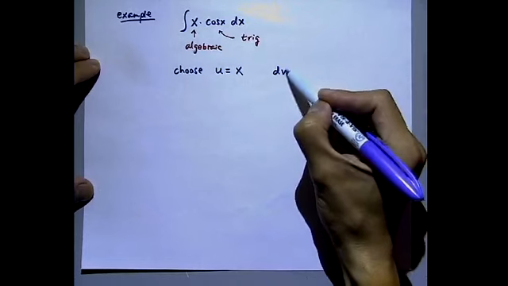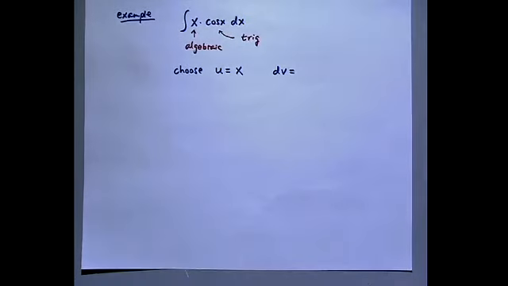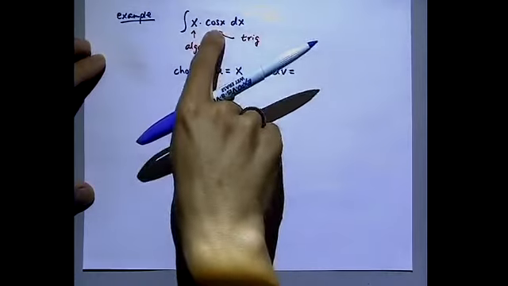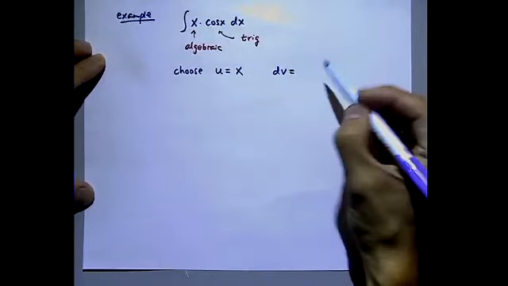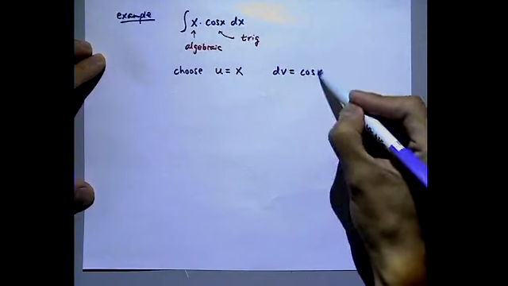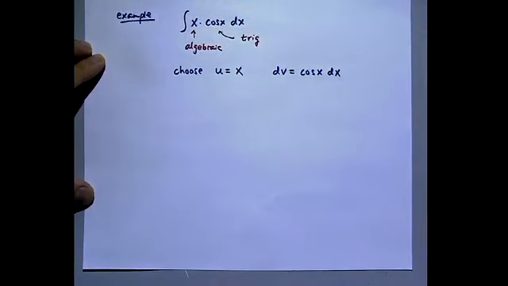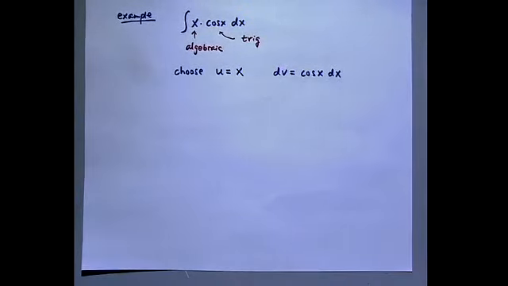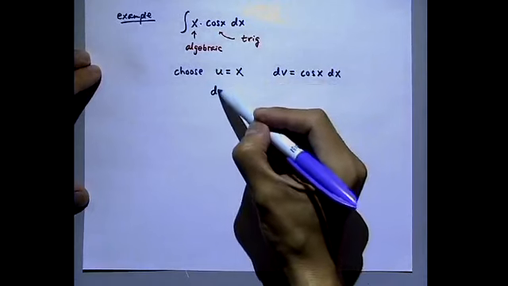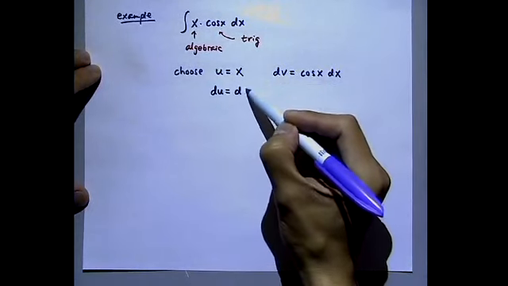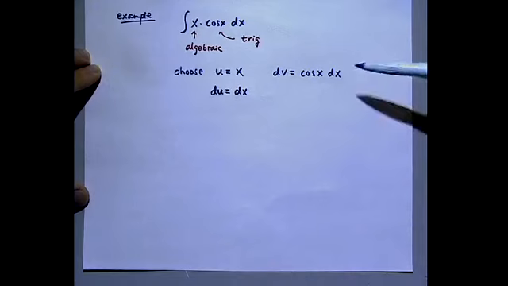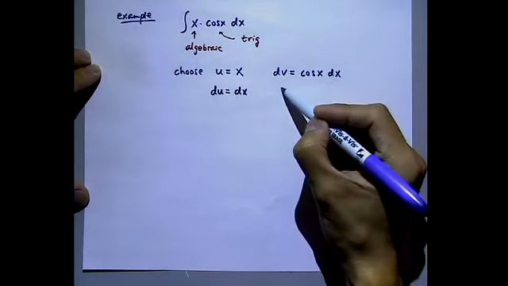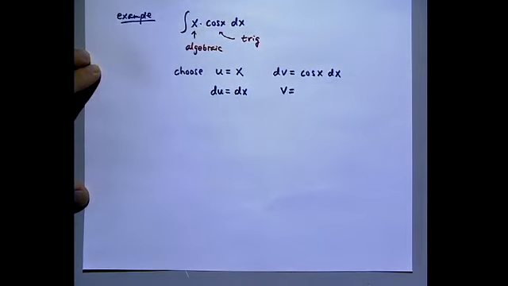And once you've made a choice of u, whatever you didn't choose, all of that gets lumped into dv. I didn't choose cosine, I didn't choose dx, so all of them get lumped into dv. Then I take one derivative of u. I do one integration of dv. What's the integral of cosine?